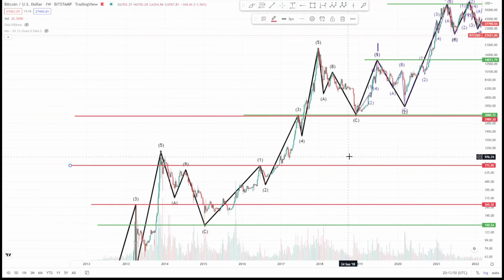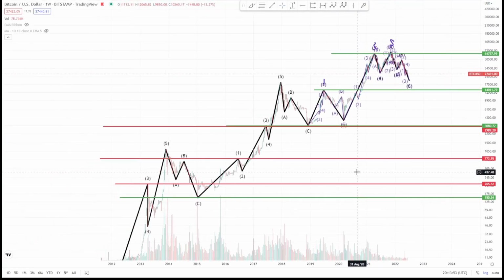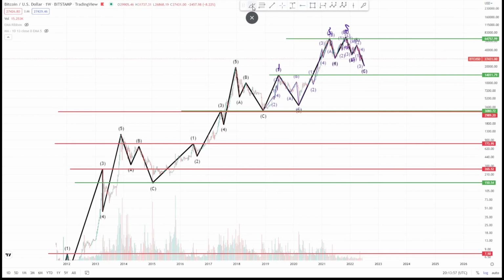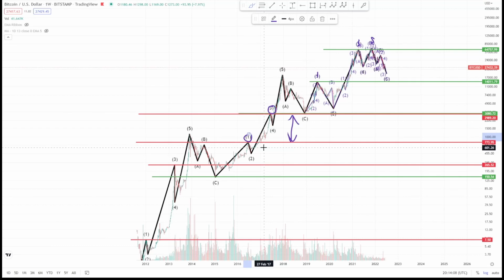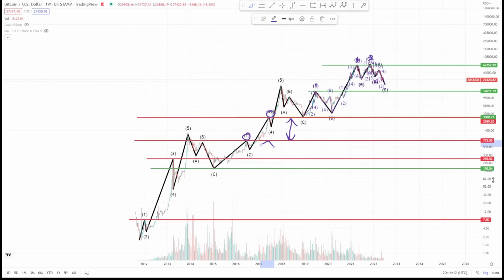Like I said, traditionally in Elliott wave theory, you normally bottom between the three wave and the one wave, which should be the range between this wave here and this wave here, which is once again your three wave and your one wave.